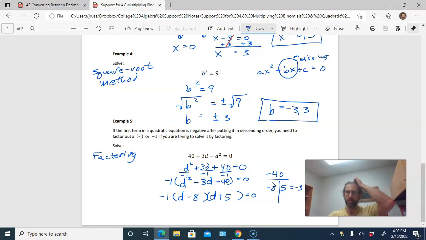Now what we need to do to solve it is set these factors equal to 0. But you only set the factors that have variables in them. So this first factor, the -1, or the greatest common factor, we don't set it equal to 0 because it doesn't have a variable with it. But we do set our two binomial factors equal to 0.